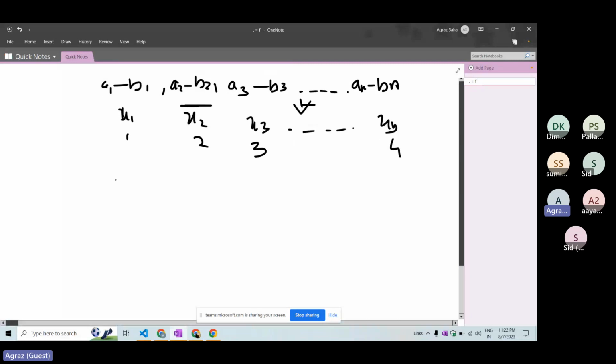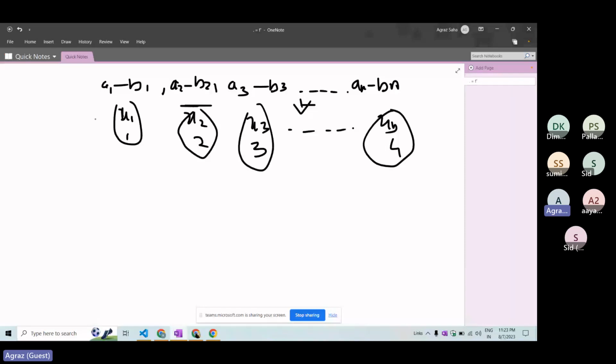If I sort these pairs based on the value of xi, then we get some random values of xi, and here this value will be the largest.